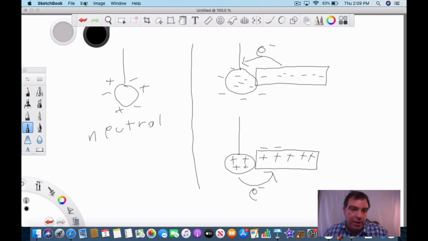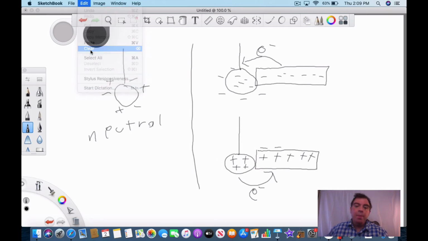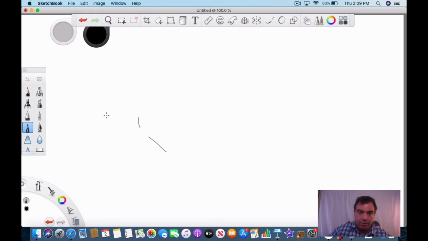So let's erase this, let's clear this out, and now let's look, of course, at our electroscopes. As you can see over here in the electroscope, we have the bulb. Sorry, that's not a good circle. We have the body, and we have the leaves.